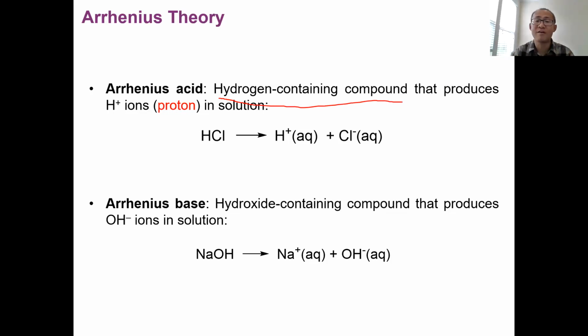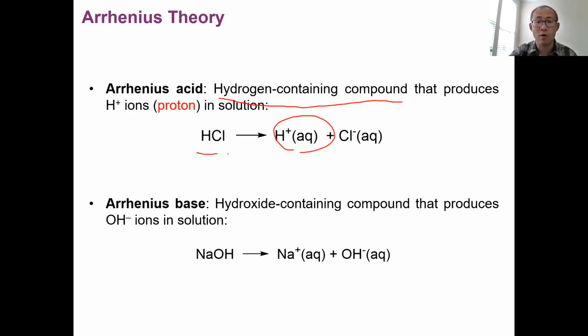First, this compound needs to have hydrogen, and then this hydrogen-containing compound will produce a species called hydrogen plus ion, which we also call a proton, in aqueous solution, meaning in water. So in other words, Arrhenius acids are hydrogen-containing compounds that can give hydrogen plus when dissolved in water.